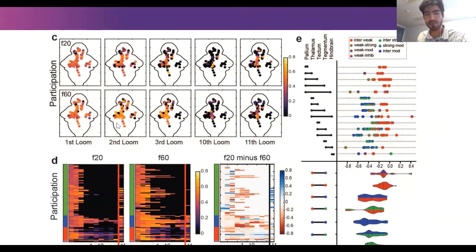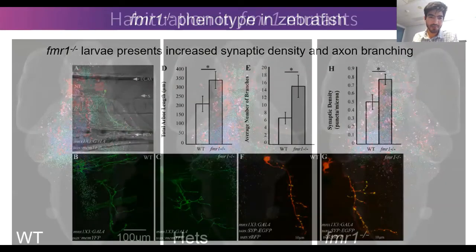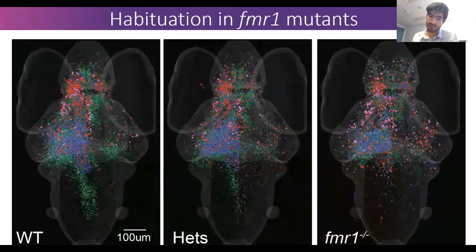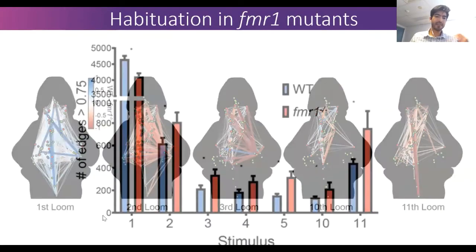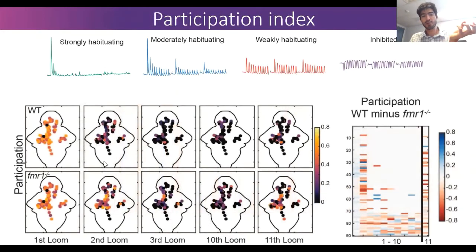So one of the things we found is that the FMR1 network, oh sorry, that's not the FMR1. The FMR1 is a bit forward. Oh yeah, here. They prevail with higher participation. So it means that it's not only more connected, but it's also dispersing these connections more, and also in the recovery this happens more.